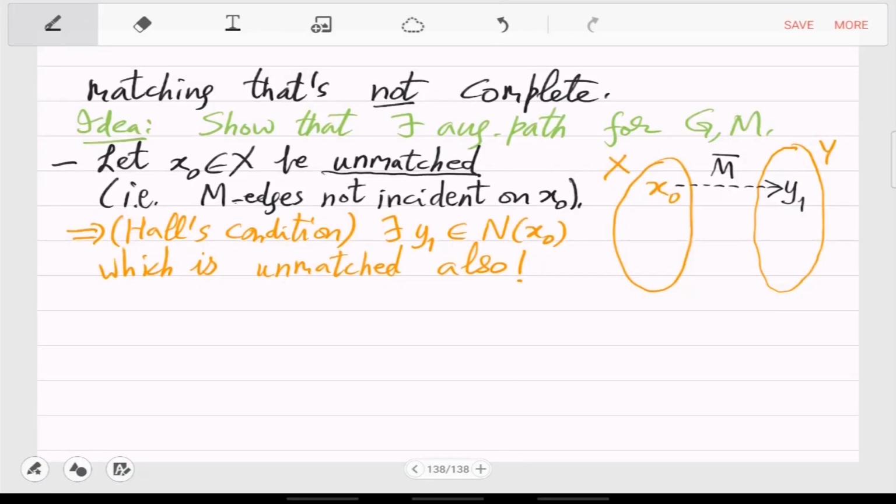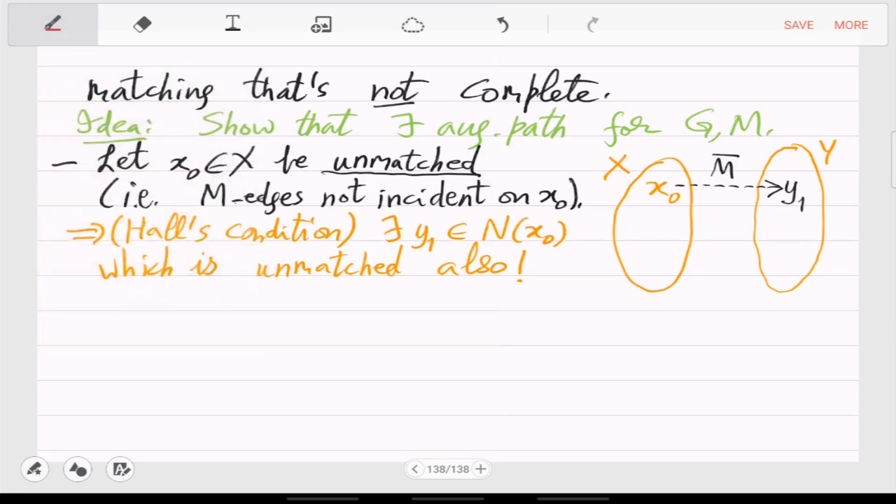Exactly. So here you use the assumption that x0, y1 both are unmatched. If they are unmatched, then basically you are unable to include this edge to grow your matching M. Right? Why is that? What forbids you from adding this and growing M? What forbids is that this is already incident on some M edge.